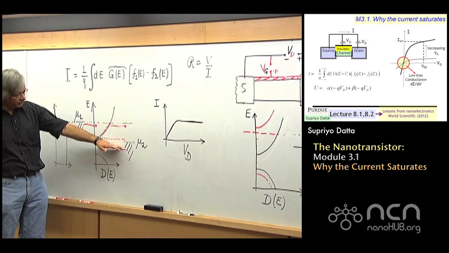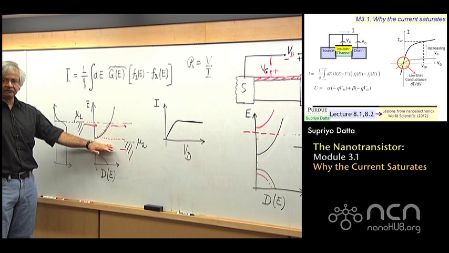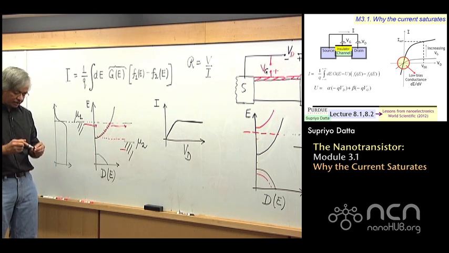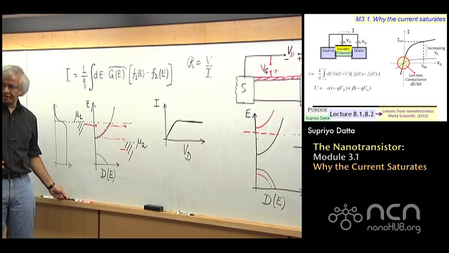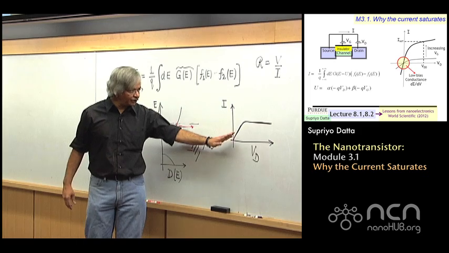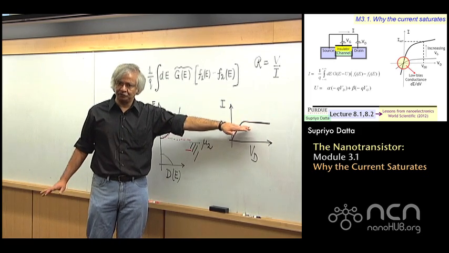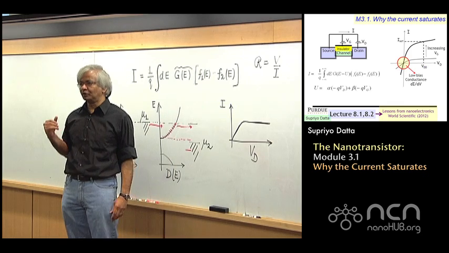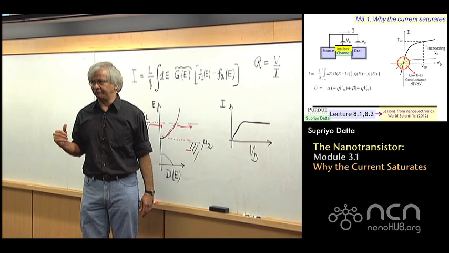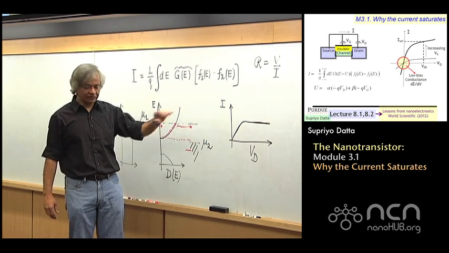Because as I keep pulling it down, once it drops below the band edge, there are no new levels coming up. That's what you'd expect. Now, that is not the correct story, though, because if that was the whole story, then currents would saturate. As I mentioned earlier, that's exactly what you'd like it to do, except that you usually have to work very hard to make that happen. This almost sounds like that's the natural thing to happen. So that's not the case.